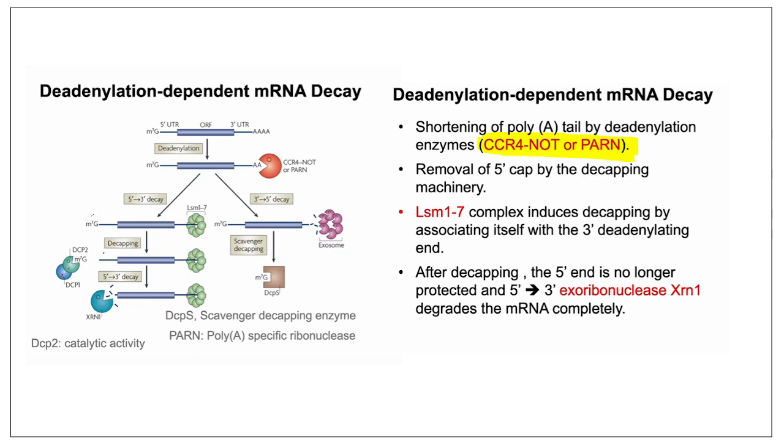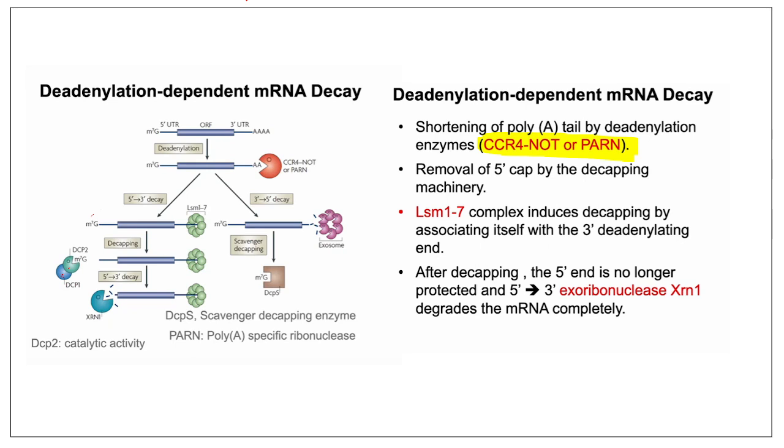Now it is very much prone. The 5' end has no protection. Now the exonuclease can come and eat it off. What is the name of this exonuclease? XRN1. It is again important. Not just exonuclease, exoribonuclease, because it is acting on RNA. So after decapping, the 5' end is no longer protected and therefore the 5' to 3' exoribonuclease XRN1 degrades the mRNA completely.